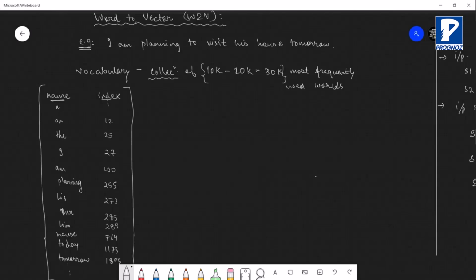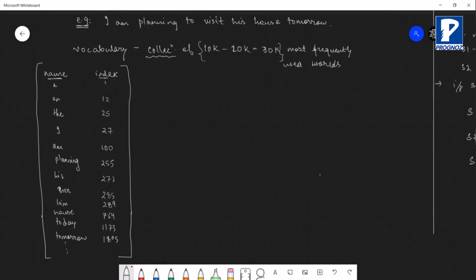Okay, so this is what we are having. Different words are there and associated index values are also there.